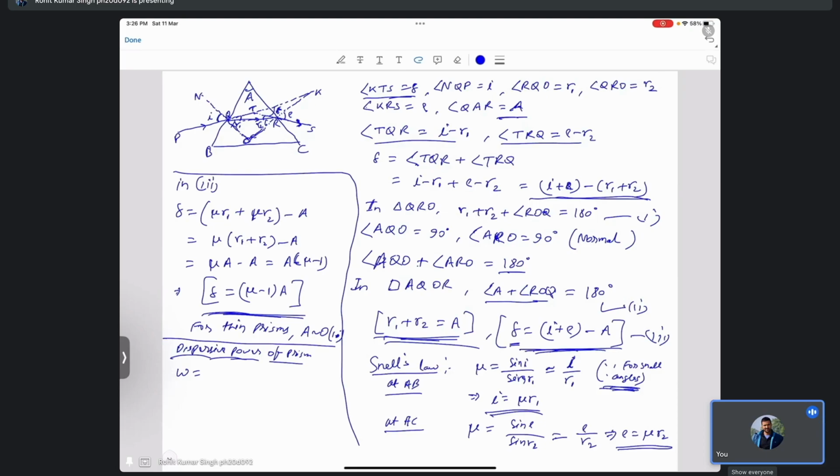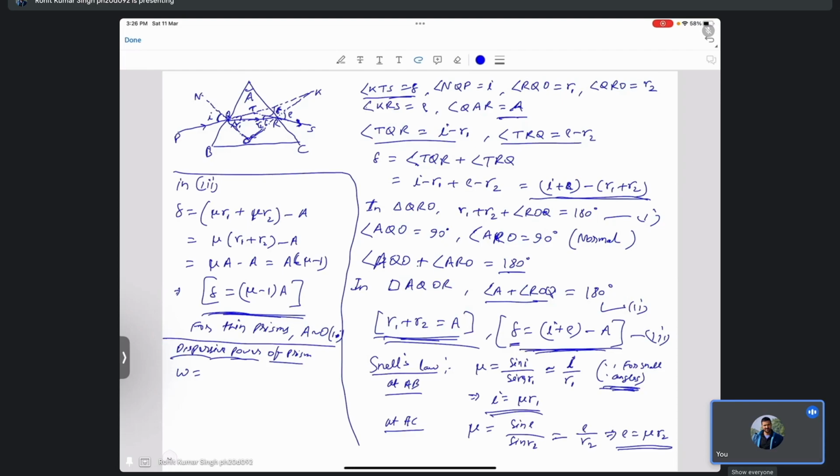When we shine a white light on a prism, it disperses the white light into all the 7 colors of a rainbow, right? And if it can separate the red and violet light properly, then we will say that it has a good dispersive power.